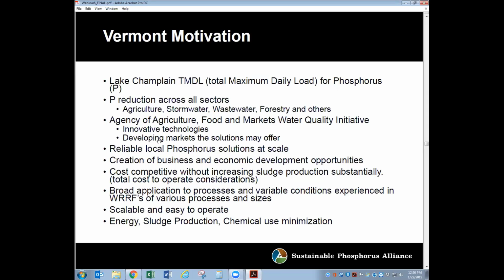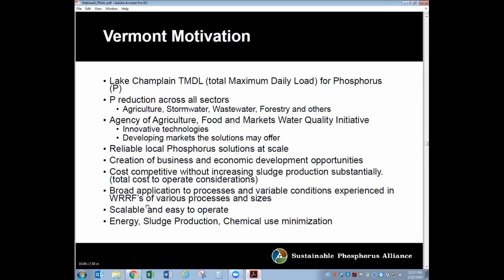There are some good potential business and economic development opportunities here, both directly with the project as well as the ability to treat more wastewater without coming up against the limits of our operational permit. That's especially important because we recently went through a maintenance upgrade of this facility.